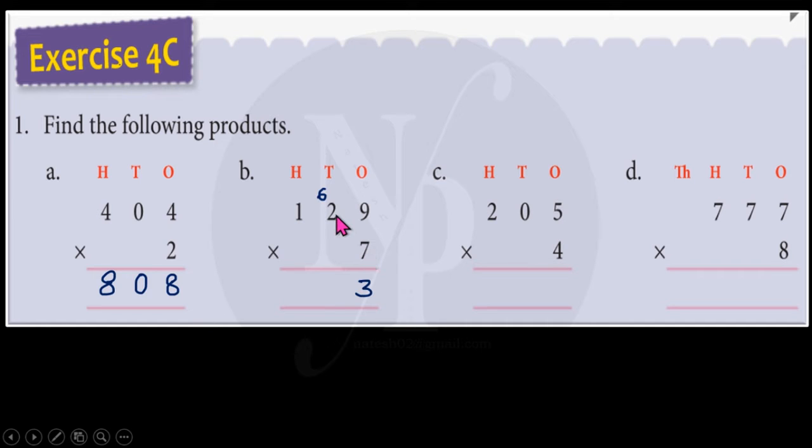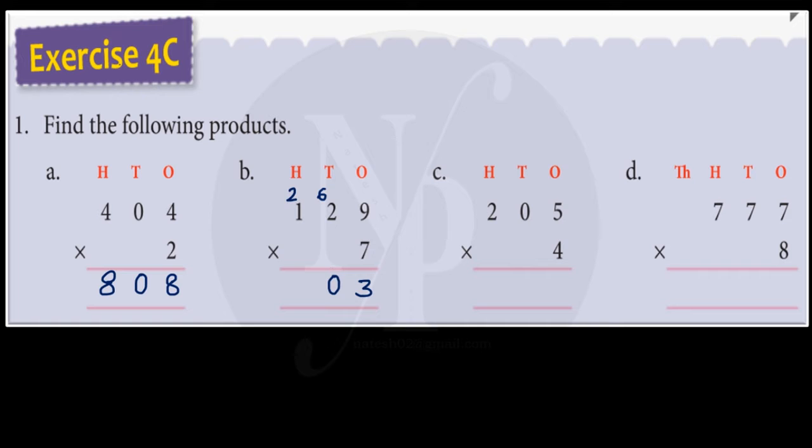So 7 twos are 14 and 14 plus 6 is 20 and 20 tens are regrouped as 2 hundreds and 0 tens. So we carry forward 2 hundreds to the hundreds column and we write 0 tens or 0 in tens column.